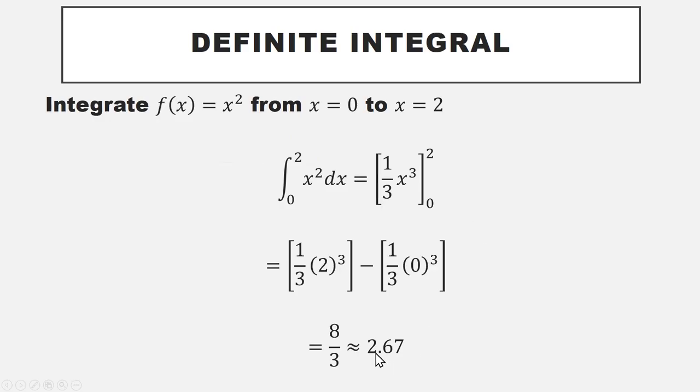We end up with about 2.67, or 8/3, by taking the antiderivative of x squared, which is 1/3 x to the third, plugging in 0, plugging in 2. Plug in 2 first, find this number, minus what you get when you plug in 0. Again, we get 8/3, which is about 2.67. But what did that 2.67 represent?